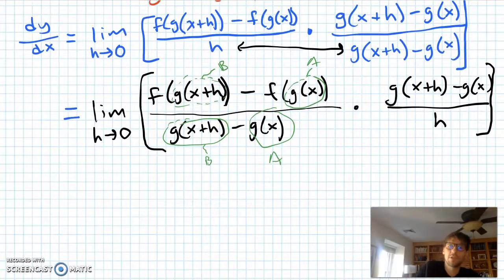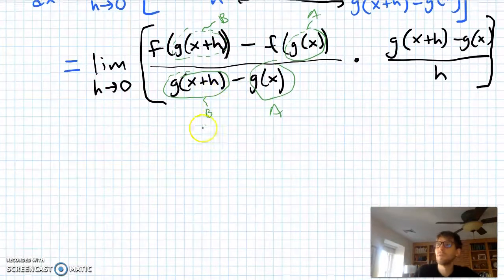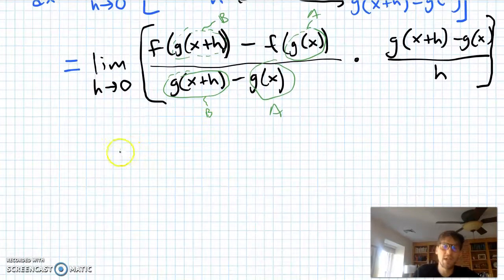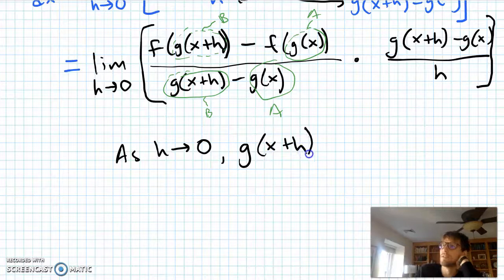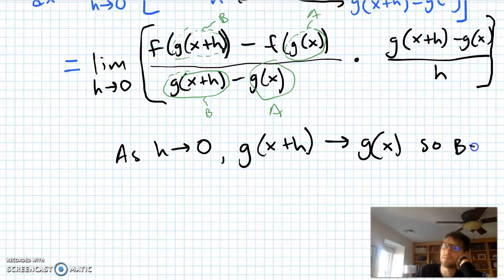So for the purpose of this proof, we revisited that because now we know that as h approaches 0, we can formalize in writing that this is approaching what we had labeled as b approaches a.